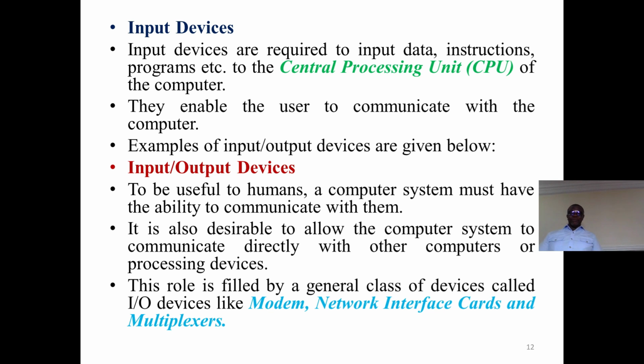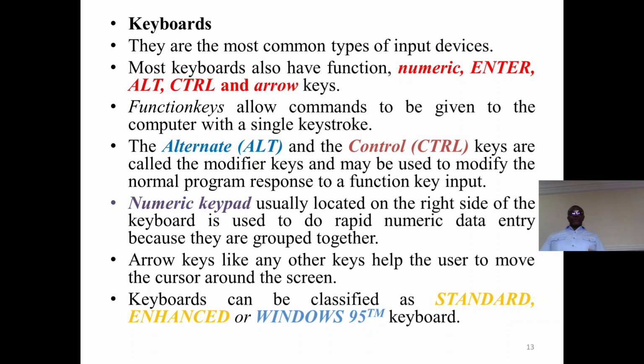This role is filled by a general class of devices called the I/O devices, like the modem, the network interface card, and the multiplexers. In this category of input devices, the most common one is the keyboard.